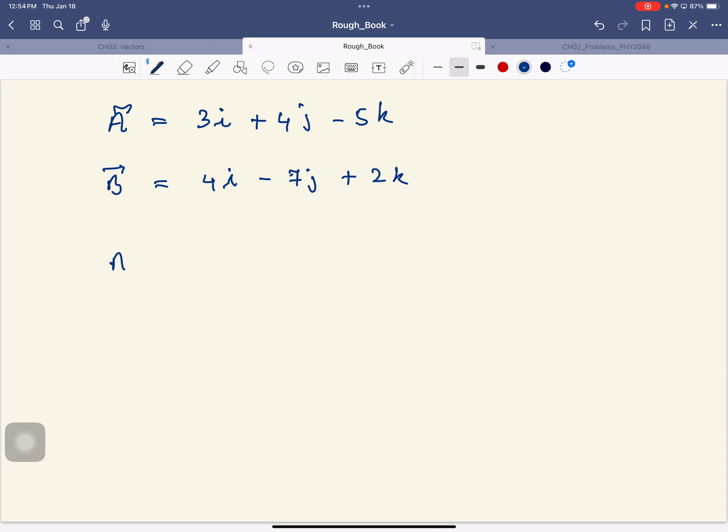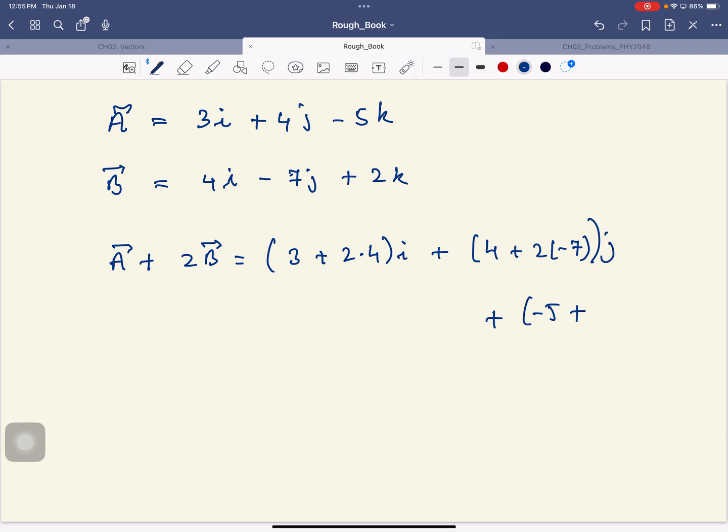You just do it component-wise. The x component of this plus 2 times the x component of that, and so on. The rules are simple. So 3 plus 2 times 4 i, plus 4 plus 2 times minus 7 j, plus minus 5 plus 2 times 2.